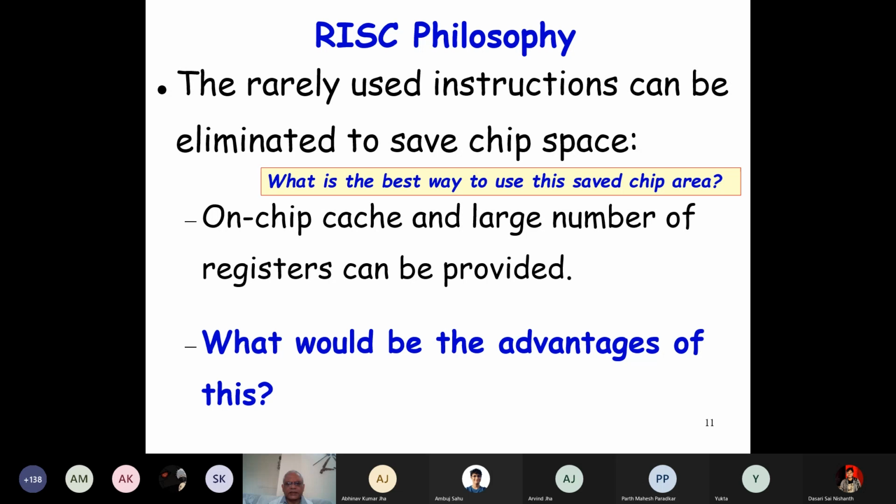So what would be the advantage? How will the speed increase? We can recall the already done tasks. Avinav, what's your answer? Sir, we can recall the already done tasks. Not really. Anybody would like to answer?